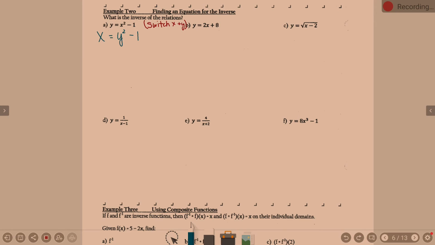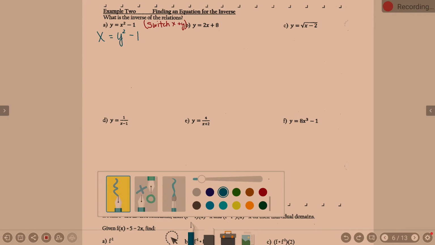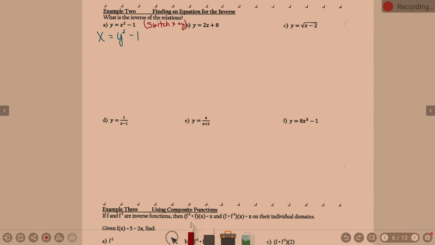Now, after I switch x and y, my job is to solve for y. So, typical equation solving you've been learning since middle school. How do I get y by itself? So if it's y squared minus 1, the first thing I need to move is the minus 1.